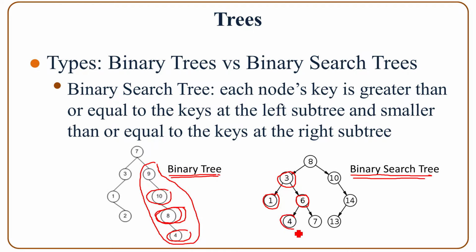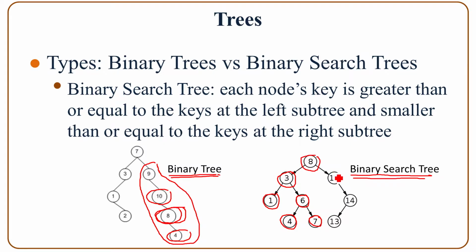We have 4. 4 is less than 6. And we look at the right node of 6, which is 7. 7 is greater than 6. Further, look at node 8. Node 8 is greater than 3. So from left to right, we see it follows the property of the binary search tree.